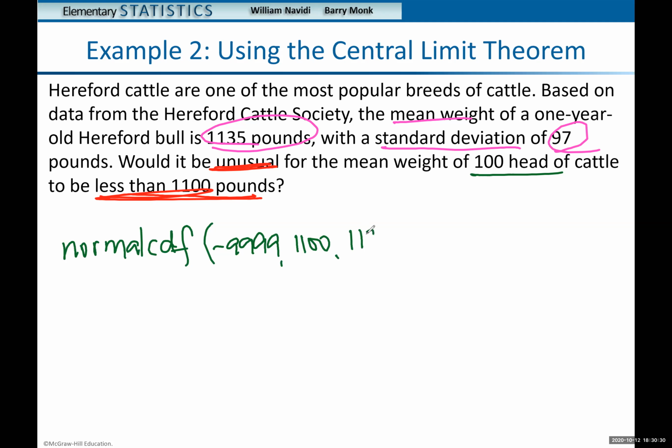And the standard deviation is... would it be 97 over the square root of 100? Yes, very good. Try that.